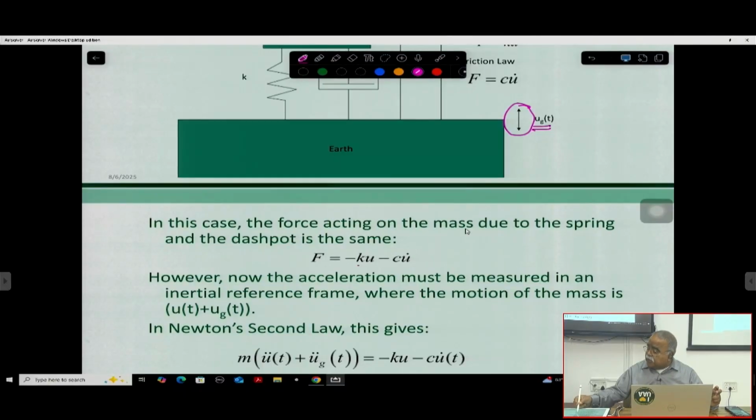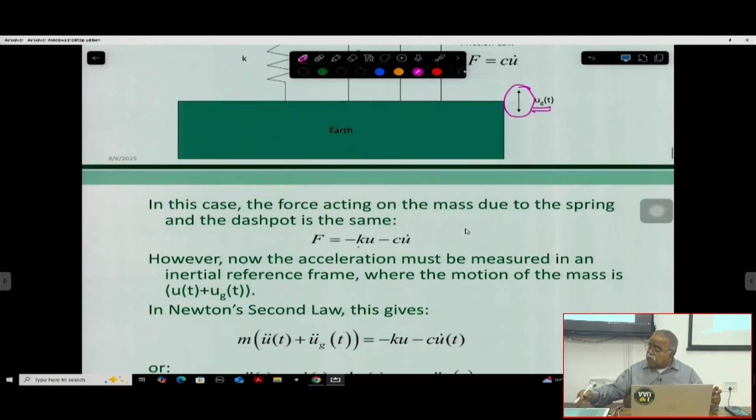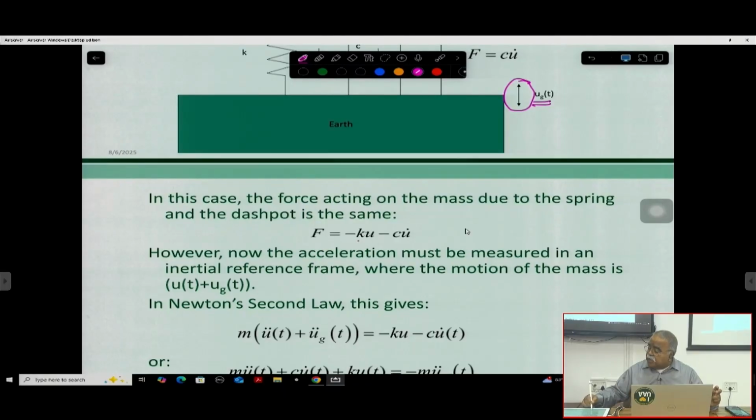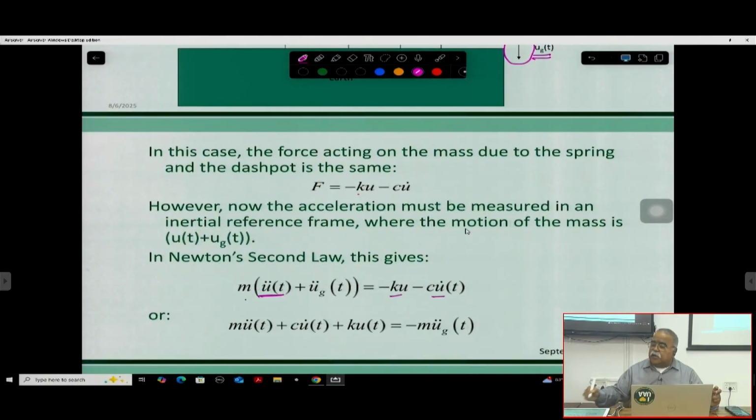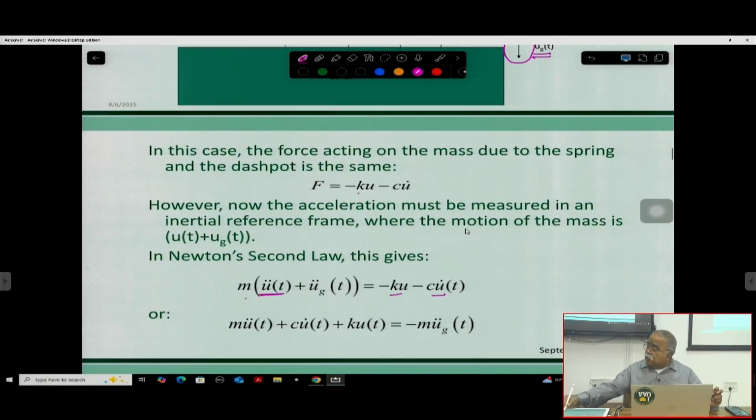That part is fine. When there is a vibration of the system, M into u double dot(t) plus M into ug double dot(t) is the input motion, and it will be opposed by the Ku and the Cu, that means the spring and the damping force, right? So if you bring all together, this will be our equation.